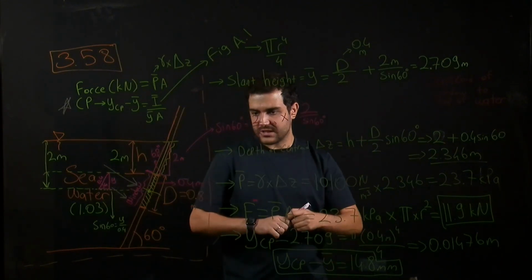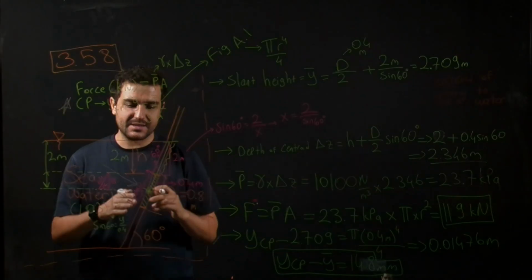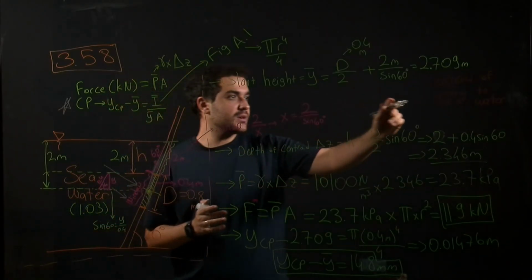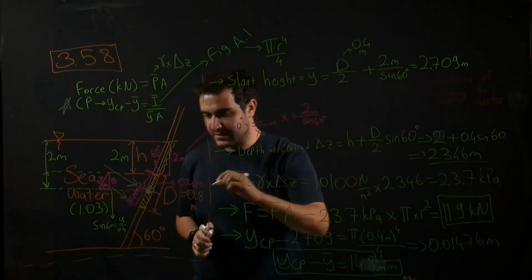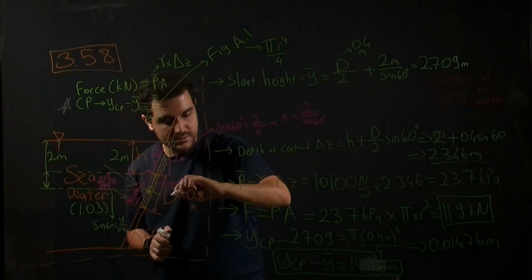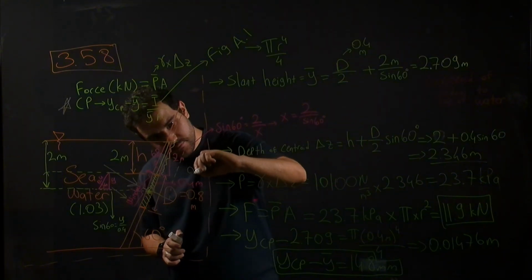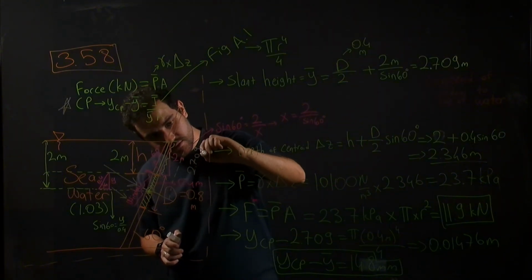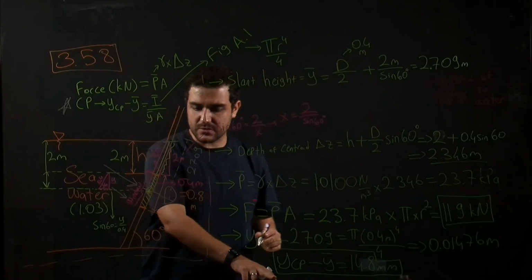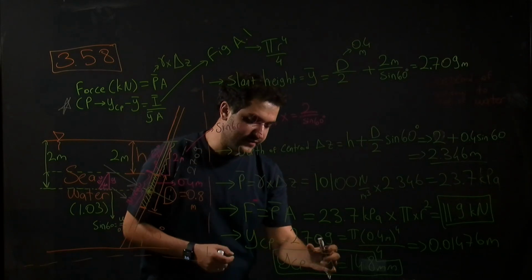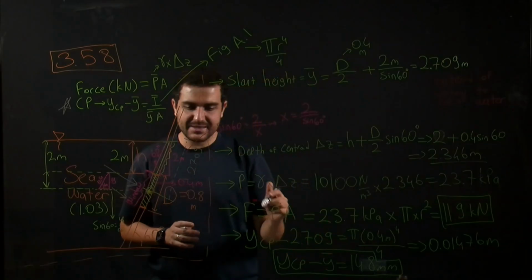Let me use white one. So here we calculated the centroid, and its height from water surface is 2.709, and the final result says that the difference between the center of pressure and the centroid is 14.8 millimeters.